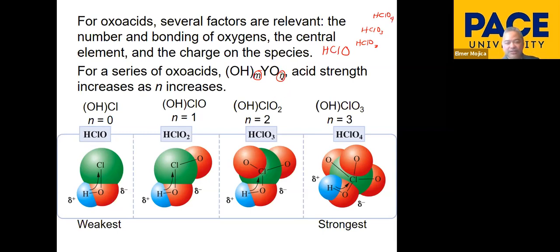They just separate this one to tell you that the Y is attached to the O, and they're also attached to a hydrogen that is attached to an O. So based on this, acid strength increases as the number of oxygens increases. So HClO4 is the strongest among the four of them, followed by HClO3, followed by HClO2, and the last but not the least is HClO.